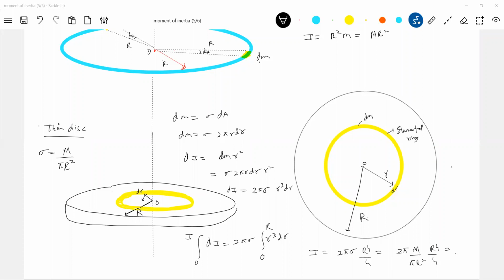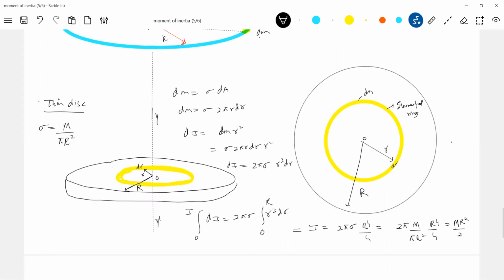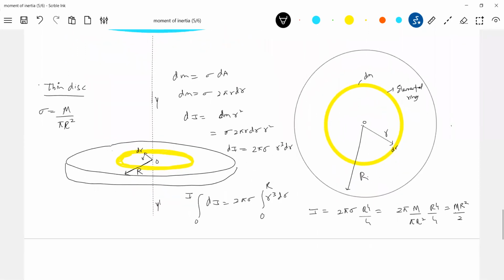This will become how much finally? M r square by 2. So what is the moment of inertia of the disk about an axis passing through center perpendicular to plane? So let me call this axis y y dash. This axis will be passing through center and perpendicular. If you want to write I y dash, you must be clear about the axis.